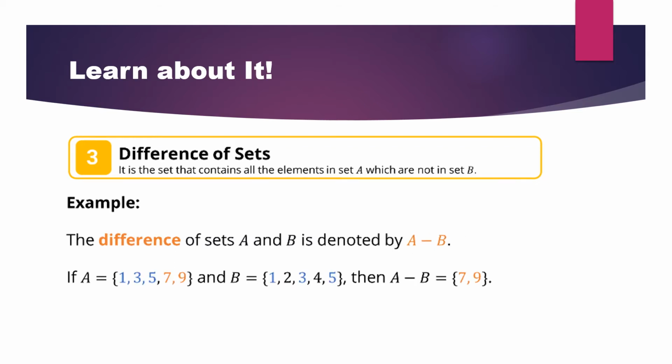Next is the difference of sets. It is the set that contains all the elements in set A which are not in set B. For example, the difference of sets A and B is denoted by A − B. If set A is composed of 1, 3, 5, 7, and 9, and set B is composed of 1, 2, 3, 4, and 5, then A − B is equal to {7, 9}.